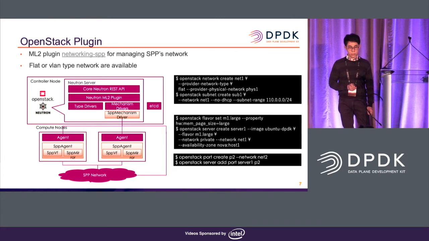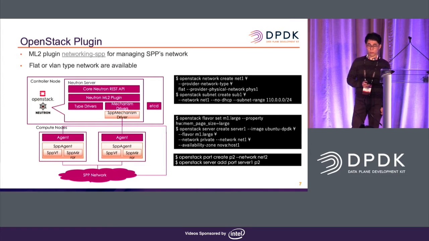In this diagram, the controller node and compute node are described. In the controller node, the Neutron server is running, and we have implemented an extension in the Neutron server with ML2 plugin, called the SPP mechanism driver, and it manages the SPP agent on each compute node.